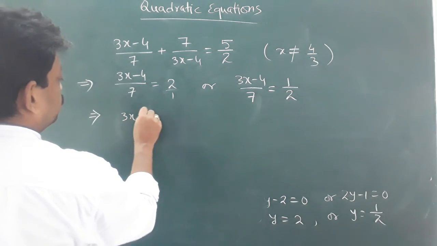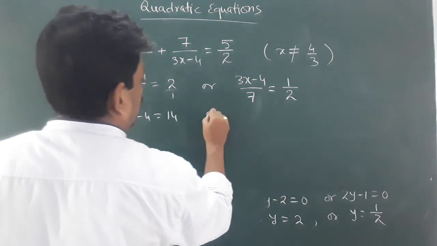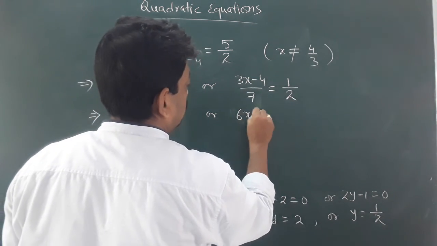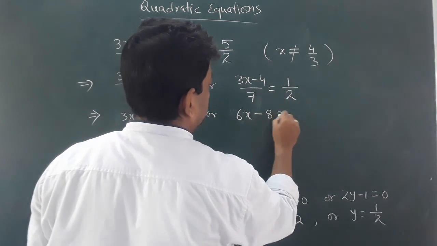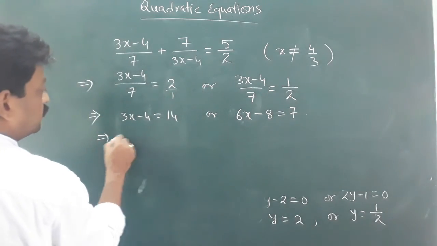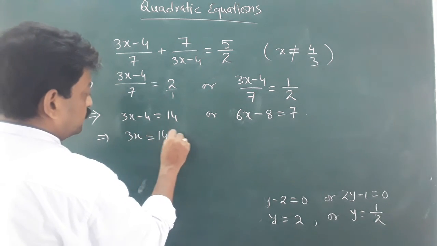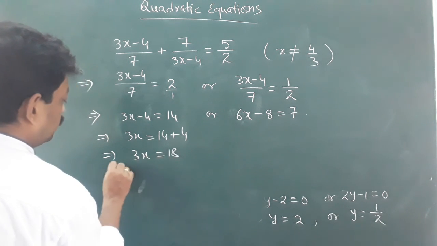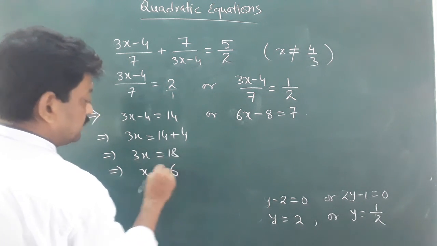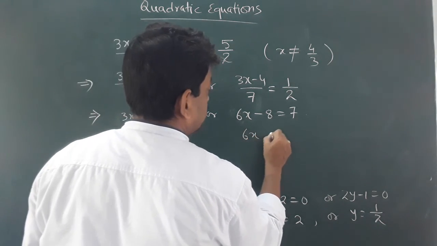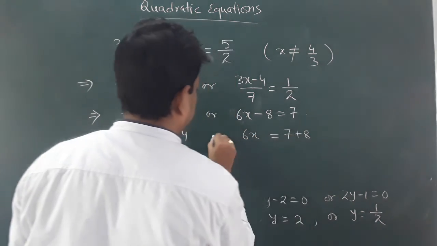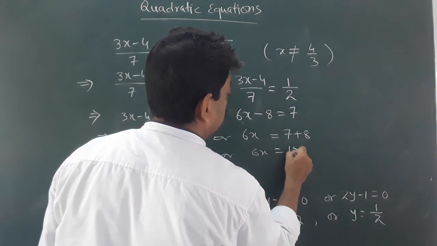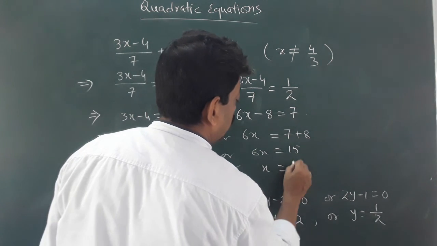So 3x minus 4 equals 14, and 2 multiplied with 3x is 6x, 2 multiplied with 4 is 8, equals 7. So here 3x equals 14 plus 4, that means 3x equals 18, or x equals 18 upon 3, that is 6. And here 6x equals 7 plus 8, or 6x equals 15, or x equals 15 upon 6.